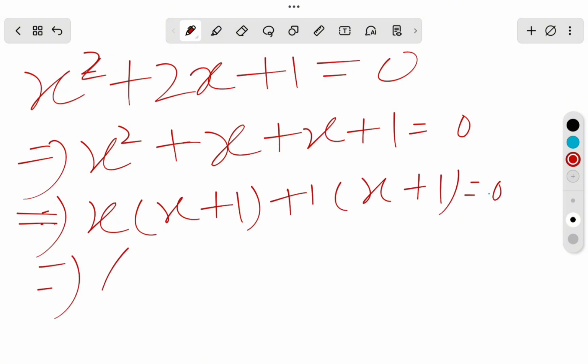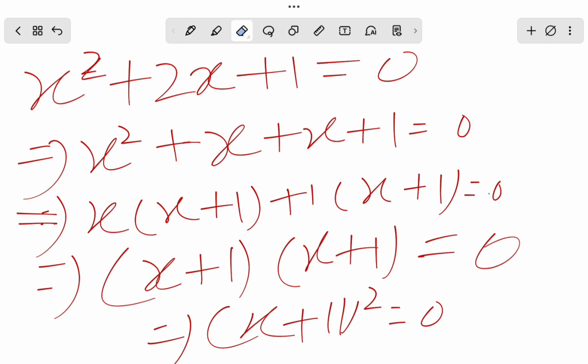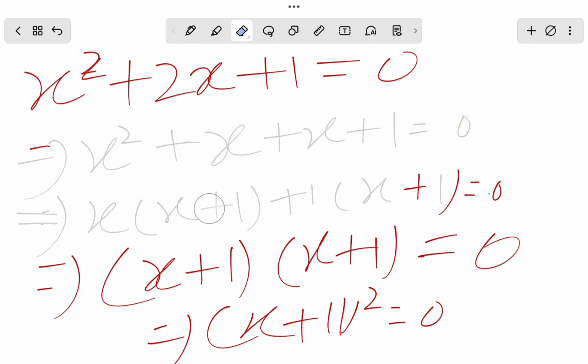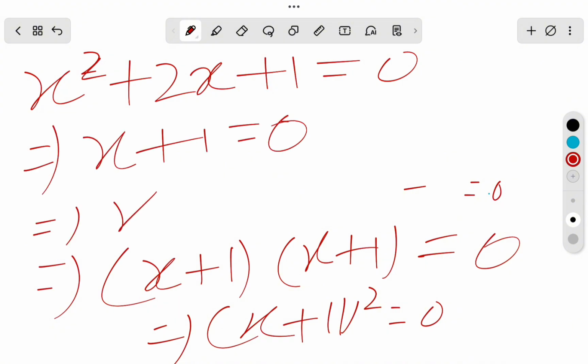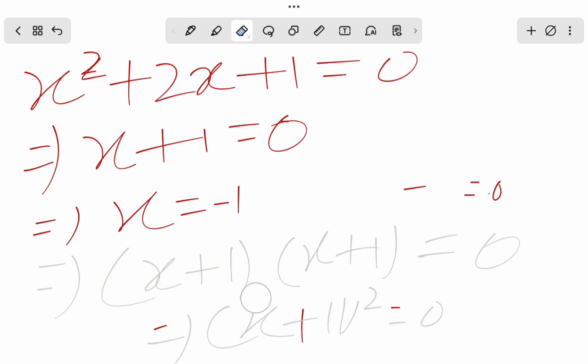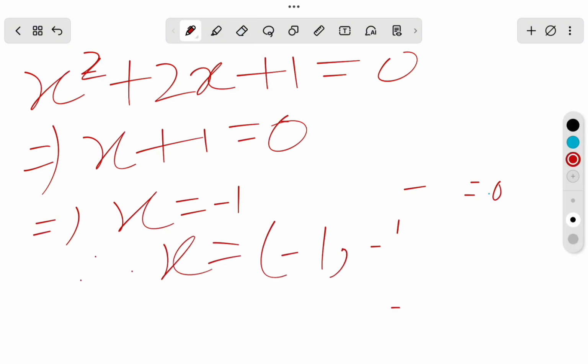So we can write this as x plus 1 into x plus 1, which is x plus 1 whole square equal to 0. Now x plus 1 is equal to 0 and x is equal to minus 1. So we get x is equal to minus 1 and minus 1.